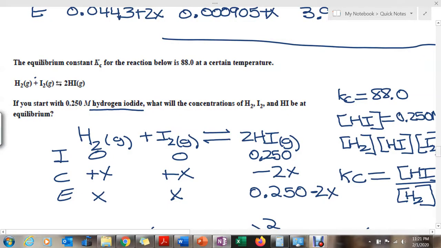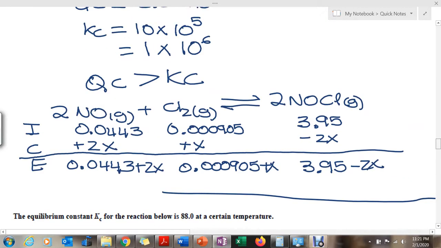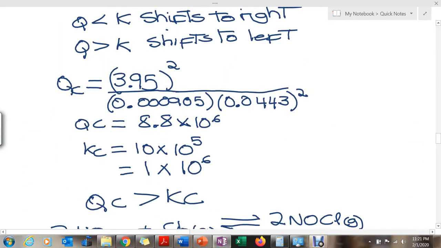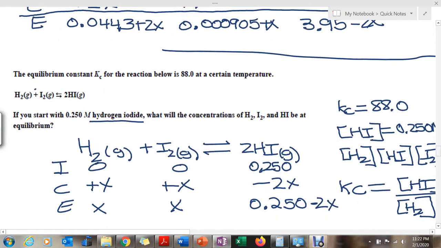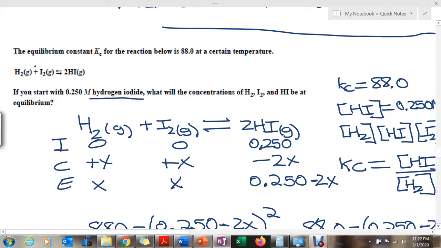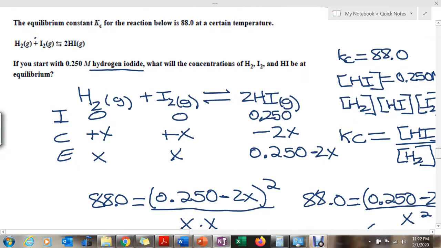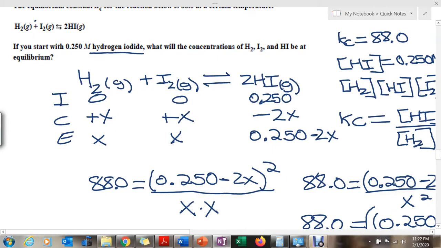As I don't remember where I stopped last time, I'm going to do this again. The equilibrium constant Kc is 88.0, and the initial concentration of HI is 0.250. As you know, we have 0 and 0 here. It goes to the left immediately because you have to produce reactants.